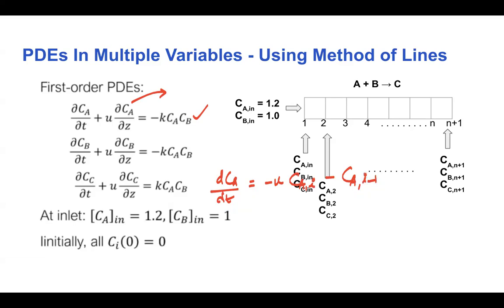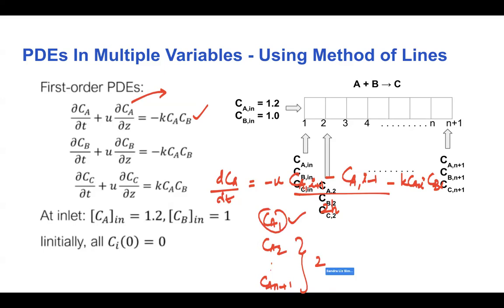If it is central differencing, it will be i plus 1, divided by 2h, minus k CAi CBi. Then I'll have a set of concentrations like CA1, CA2 up to CA n plus 1. In this one I only have to solve for 2 to n plus 1. This is what we used to do when we had a single variable.